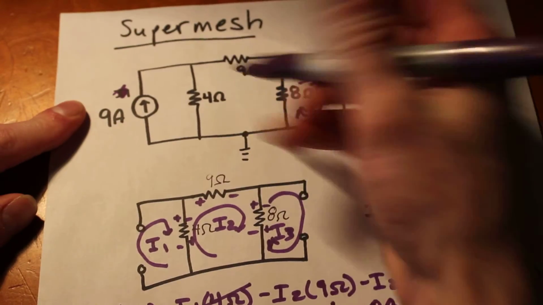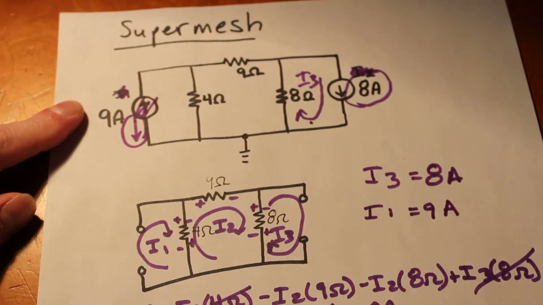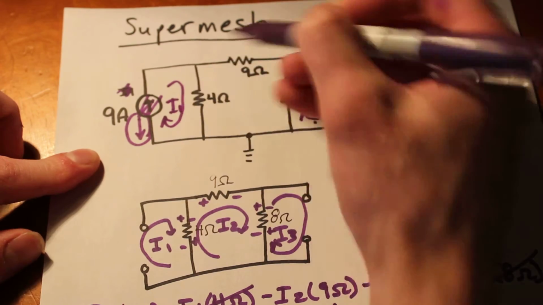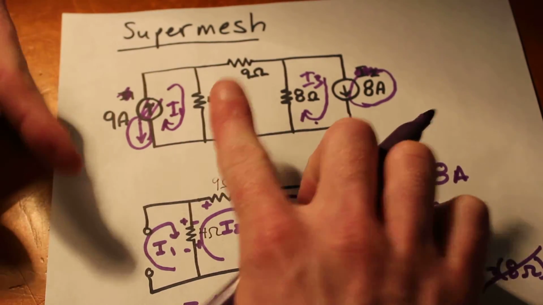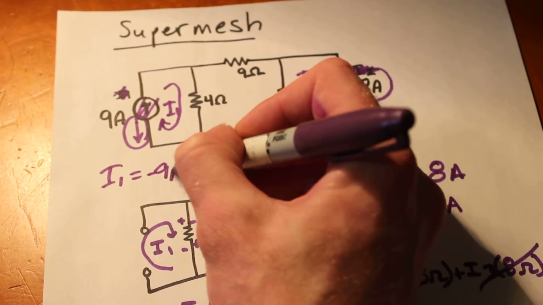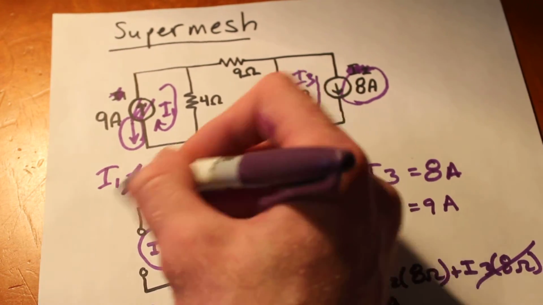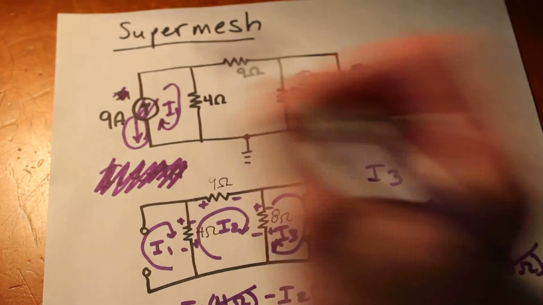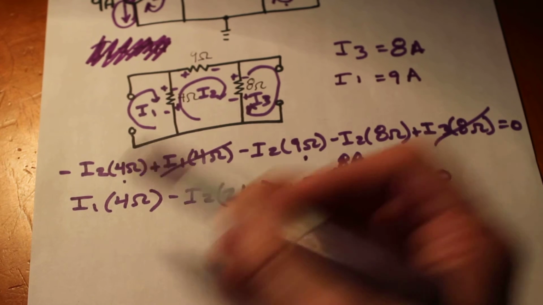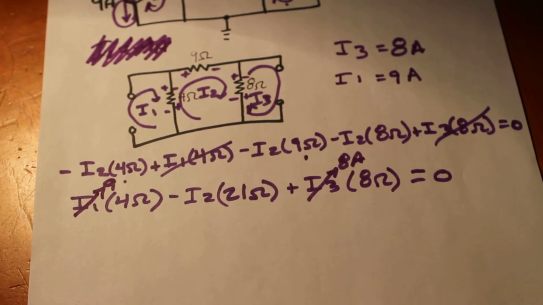If the current source pointed down instead, you would have I1 pointing around here and they'd be going in opposite directions, and because of that I1 would equal minus 9 amps. I hope that makes sense to everyone. But that's not the case for this one. They're both positive, so I1 is 9 amps.